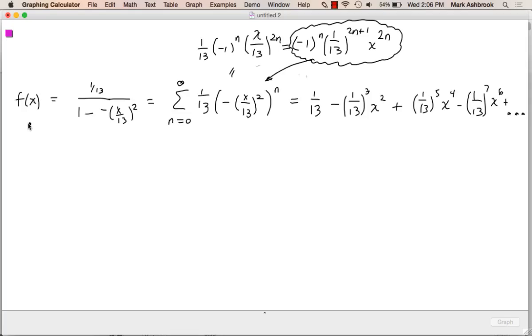So what did we want to do to f of x to get what we wanted? We're just going to do the antiderivative, and we know this is exactly the derivative of our function. So the antiderivative is arctan of x over 13. I'm going to do the antiderivative of this right here.